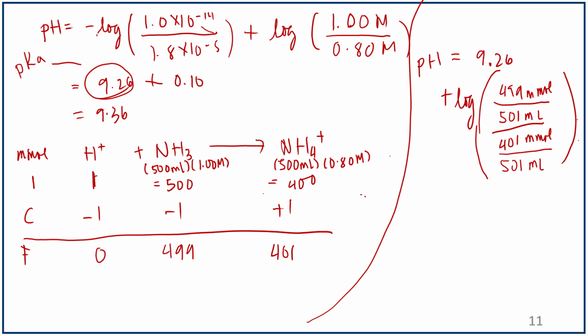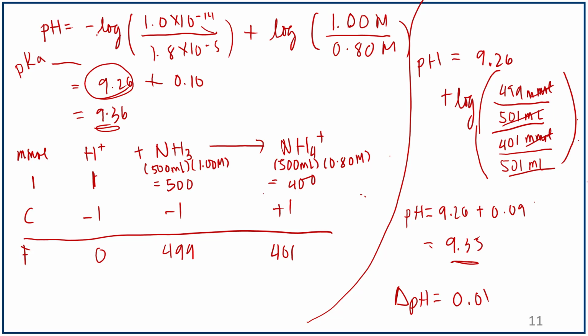And again, the volume conveniently cancels out, millimoles also cancel out, so we're just left with the log of 499 over 401. The pH therefore should be equal to 9.26 plus 0.09, and the pH of the solution should be 9.35. So looking at these two values, notice that the change in pH is just equal to 0.01, a very tiny value.